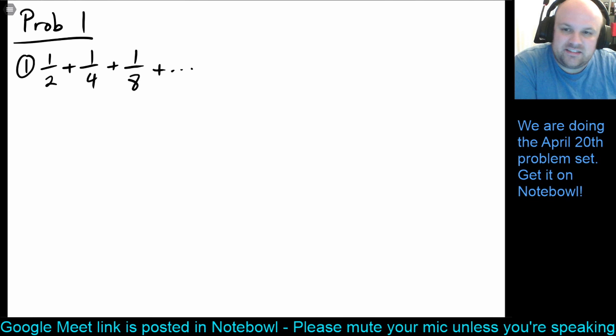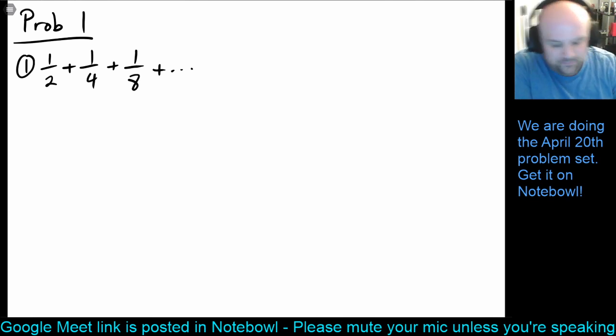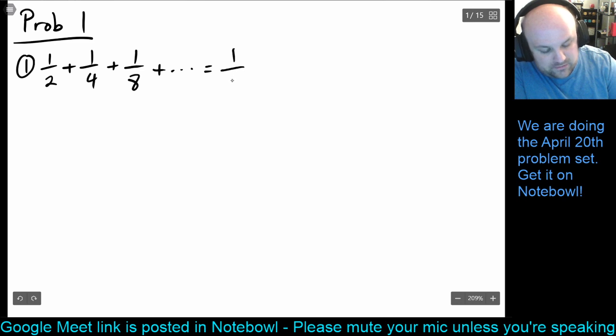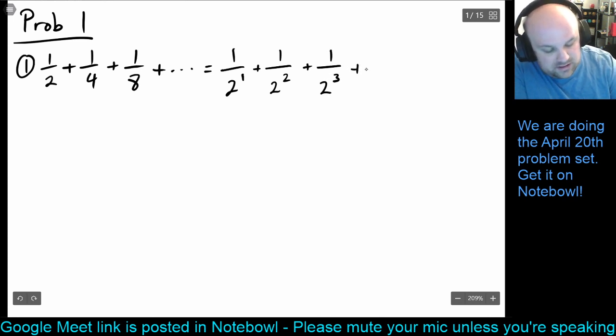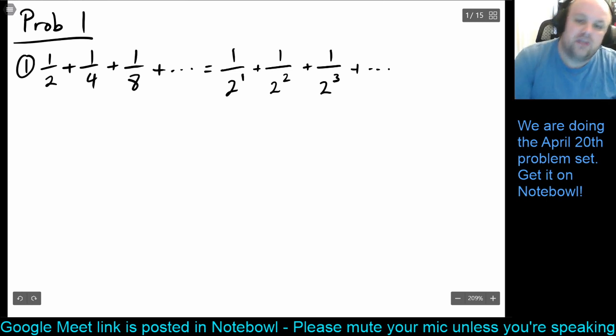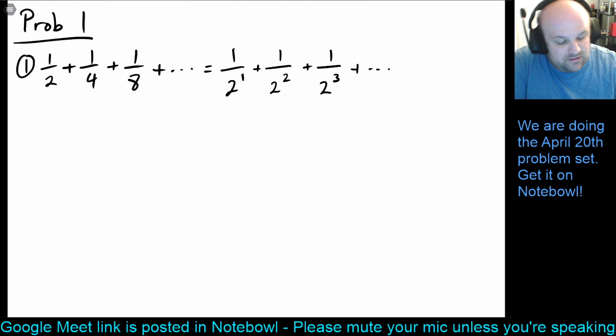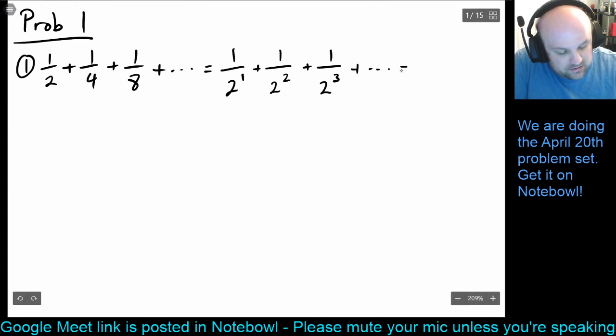The way we can see that is by looking at the pattern of the numbers that we're adding up. If we notice on the bottom here, each time we're adding up a power of 2: 1/2 to the 1, plus 1/2 to the 2, plus 1/2 to the 3rd, and so on.